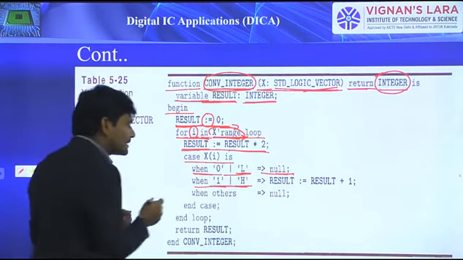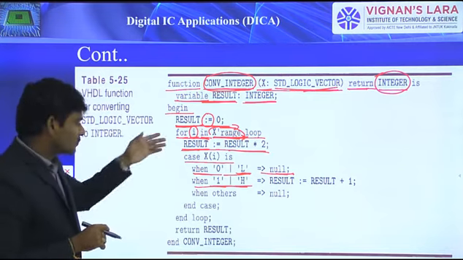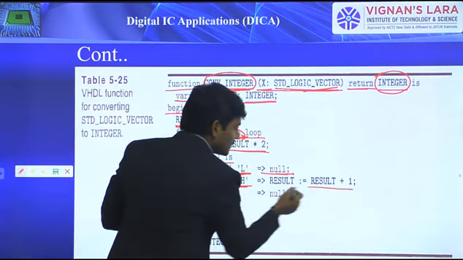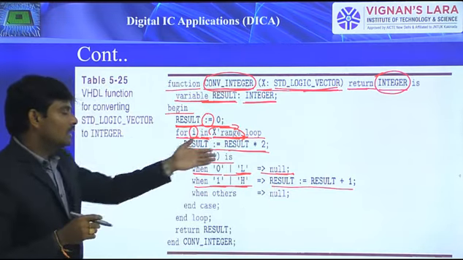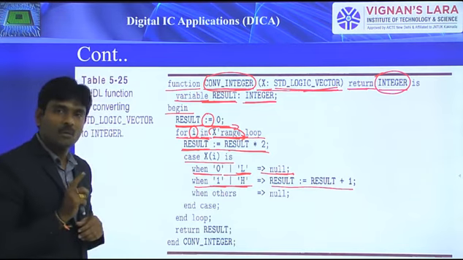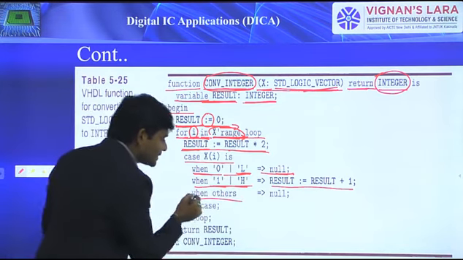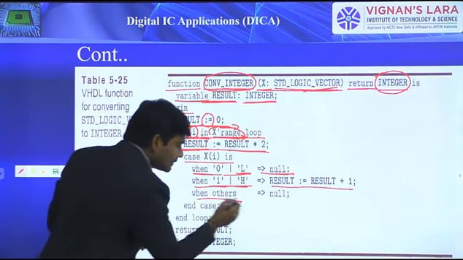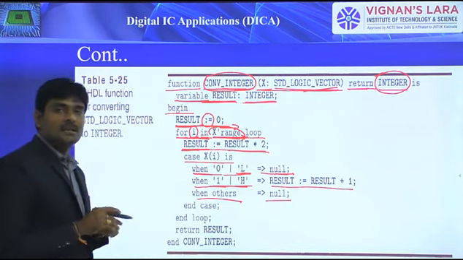Then for the second case, when the choices are '1' or weak high, which is 'H', then result := result + 1. That means we are increasing the result by 1. Then the last choice must be others. When others, once again the sequential statement is null.